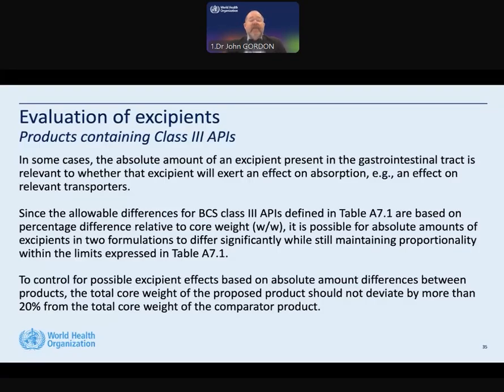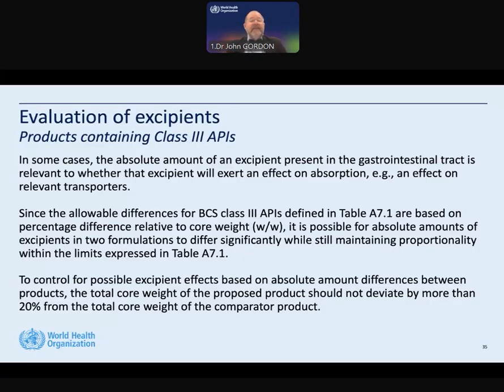So since the allowable differences for excipients for products containing class 3 APIs defined in that table is based on the core percent weight calculation, it's very possible for absolute amounts of an excipient between two products to differ significantly while maintaining the proportionality limits expressed in that table.